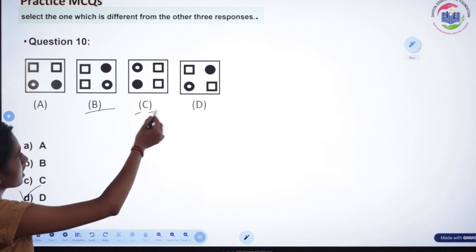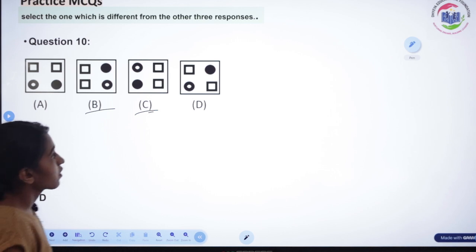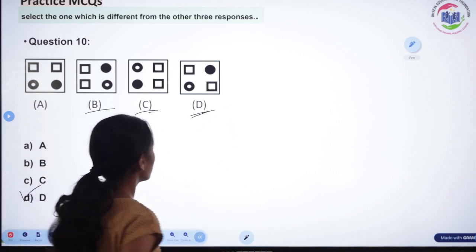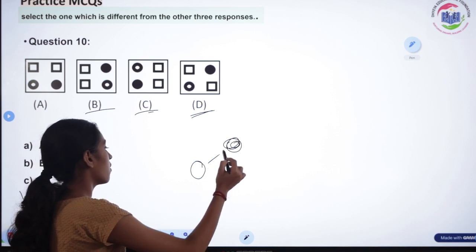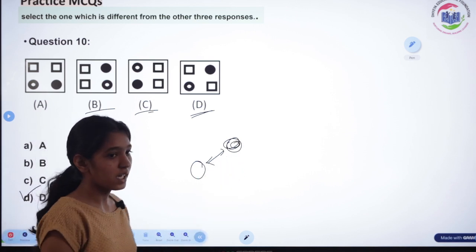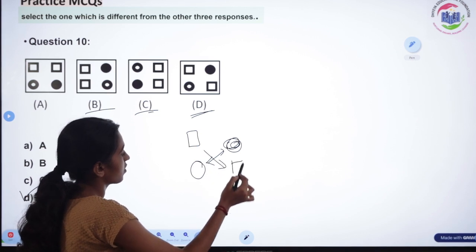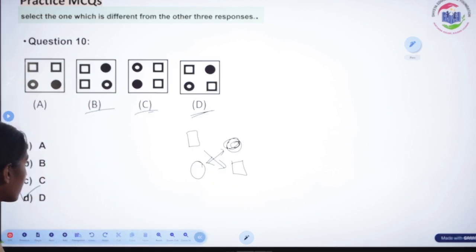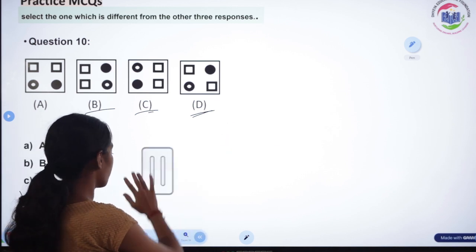Here in C also, the square and circle are in the form of side by side. But if you observe option D, there is a circle here and a circle here in the form of a cross. The square is also here and here in the form of a cross. Because of this, option D is the odd one out.